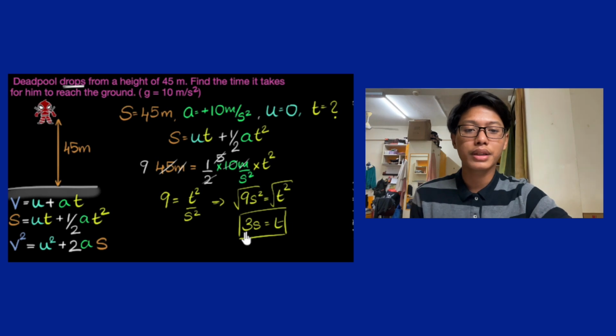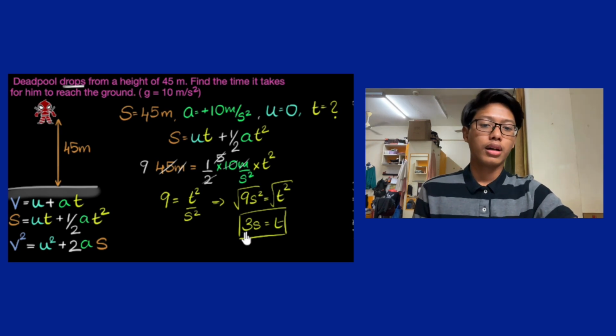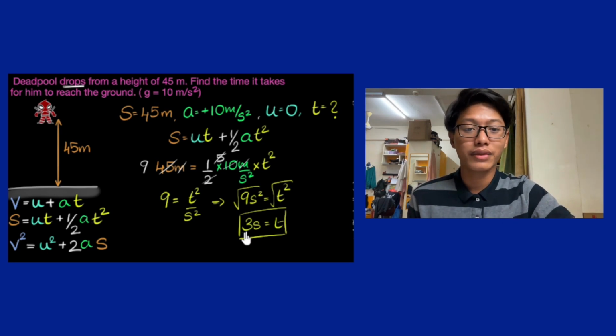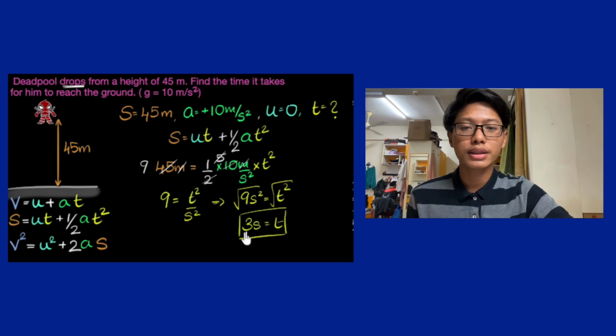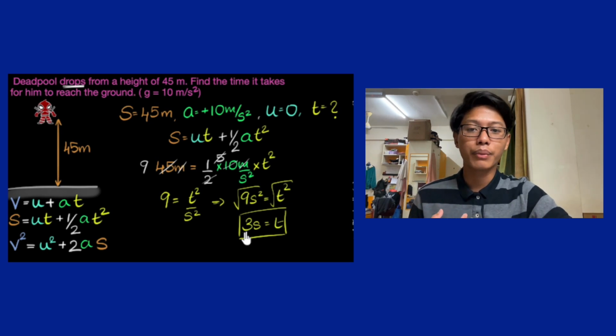We already have the height and acceleration, but there is hidden information: the initial velocity u, which is 0. Why 0? Because before Deadpool fell from the height, he was at rest. So we assume the initial velocity of Deadpool is 0.